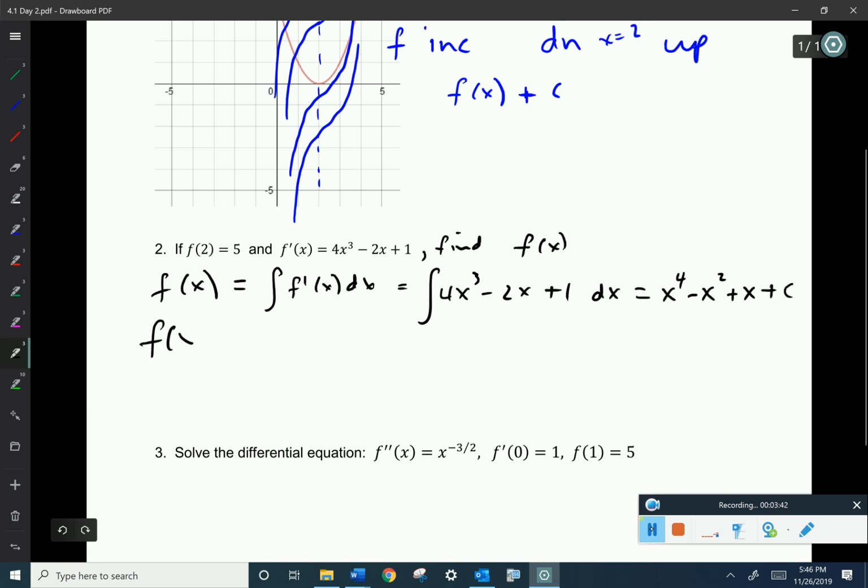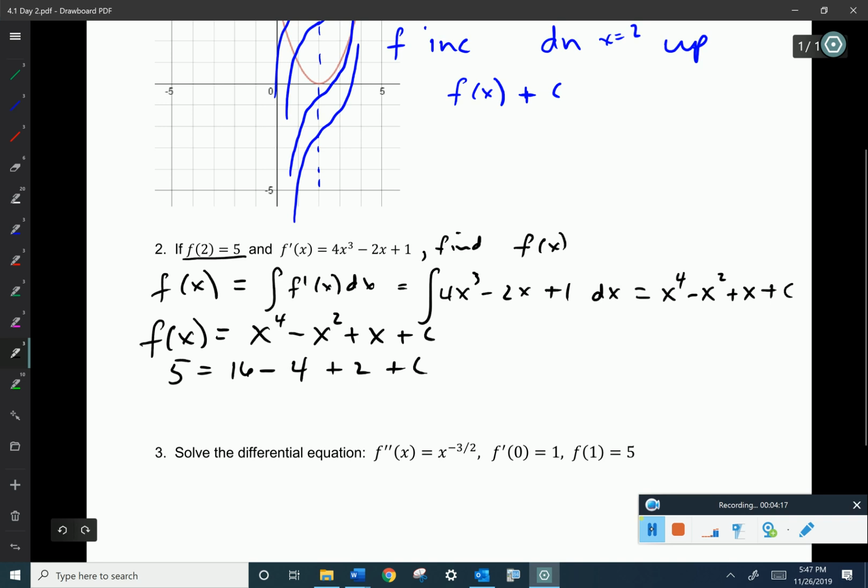Well, so I've found f of x, but I haven't found the exact f of x. I've found what's called the general solution instead of a particular solution. If I want to find a specific solution, instead of having a plus c, I can use this ordered pair, and that's going to help me find the plus c. Well, f of x is the y value, right? So 5 equals, let x equal 2: 2 to the 4th minus 2 squared plus 2 plus c. So I should be able to solve for c.